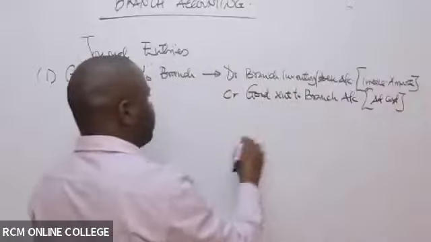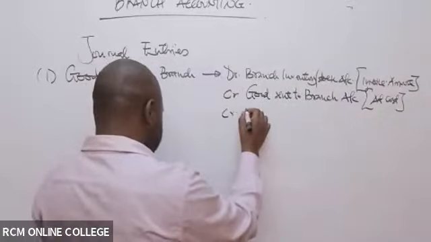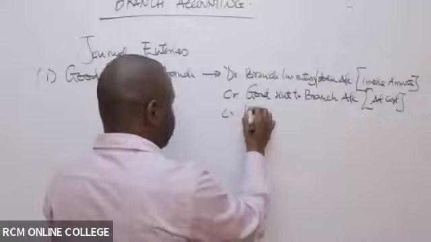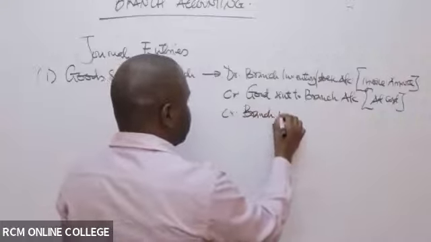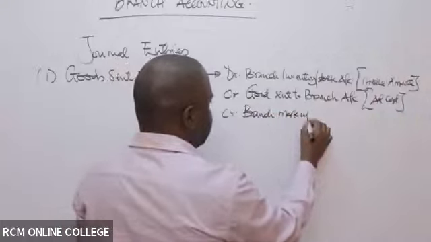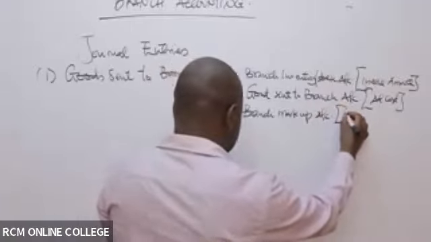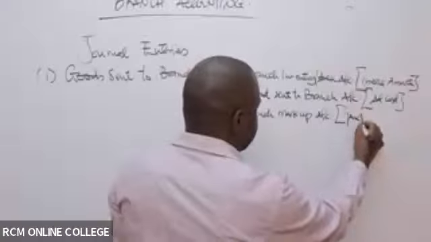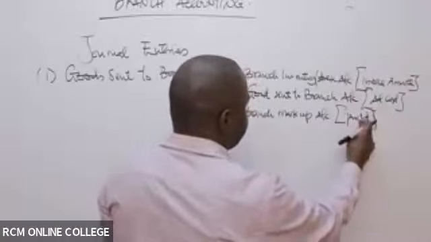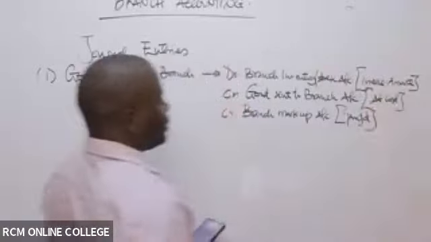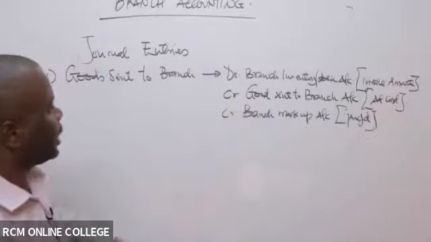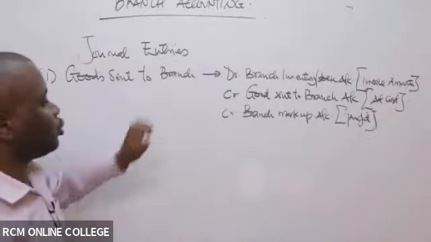Then the profit element, you'll credit in the branch markup account. In this case, you'll basically be looking at the profit element. When you add the profit to this, you get the invoice price. So that's how you deal with the goods sent to the branch.